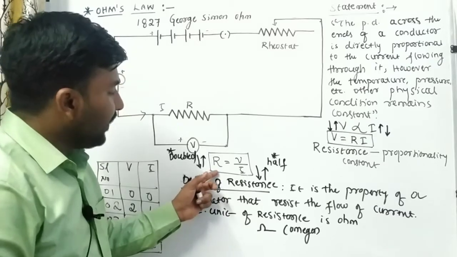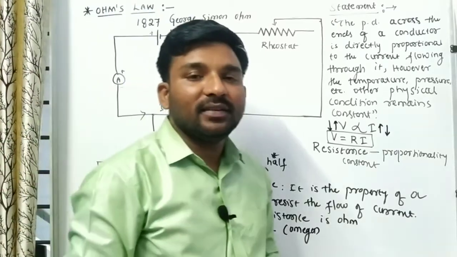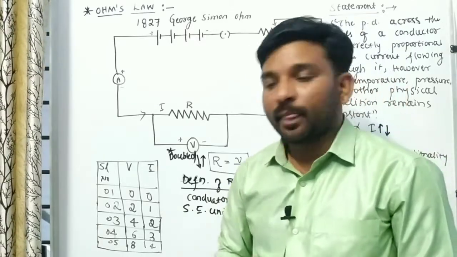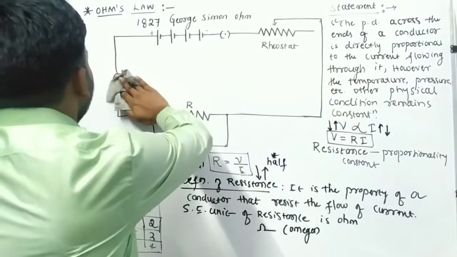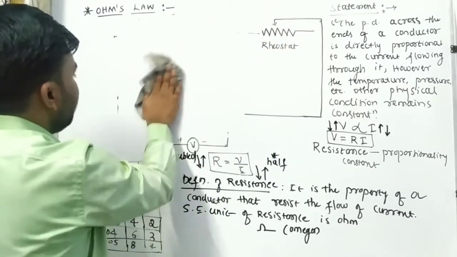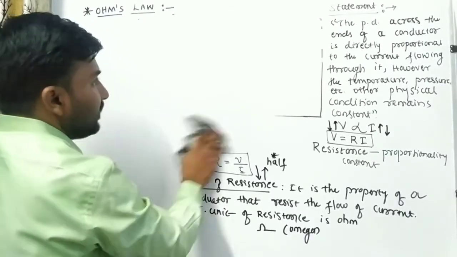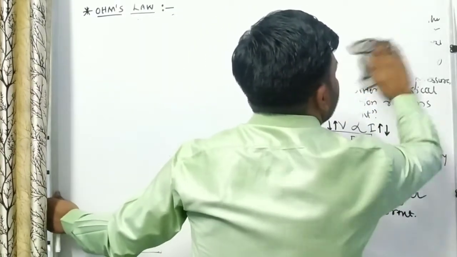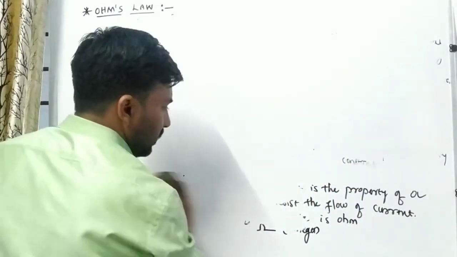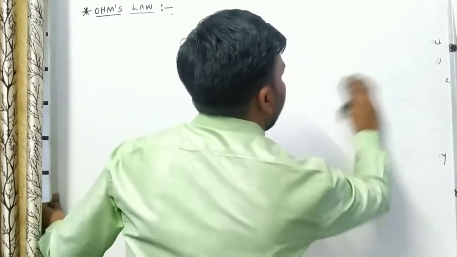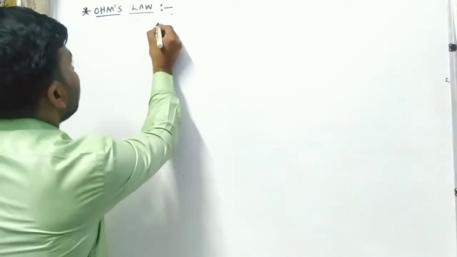Now let me define the 1 ohm resistance. When we say the resistance of the conductor is 1 ohm, look at the formula carefully. What is the formula for the resistance?